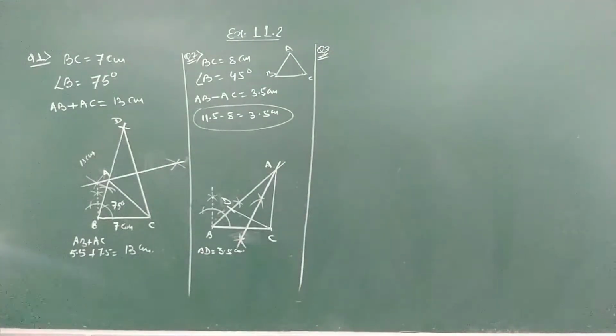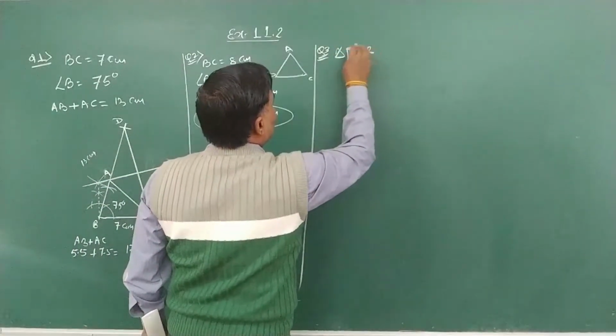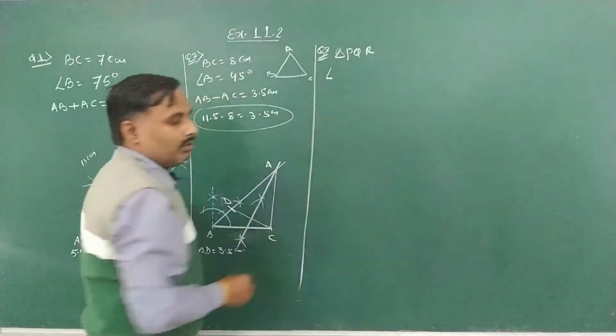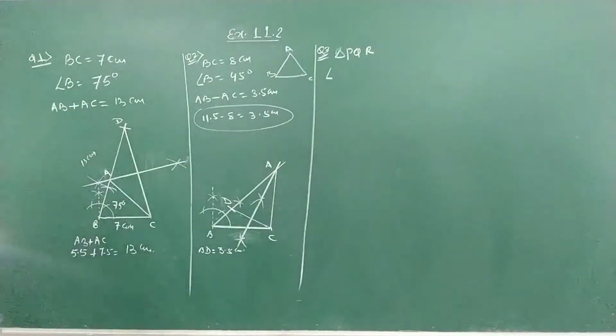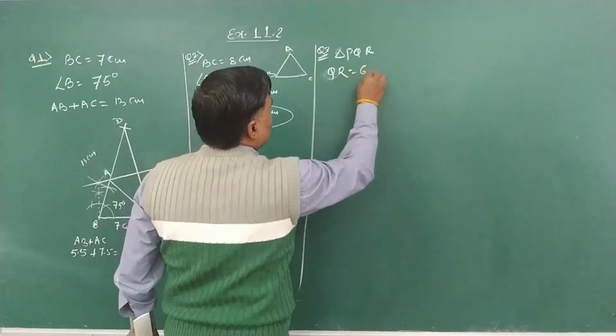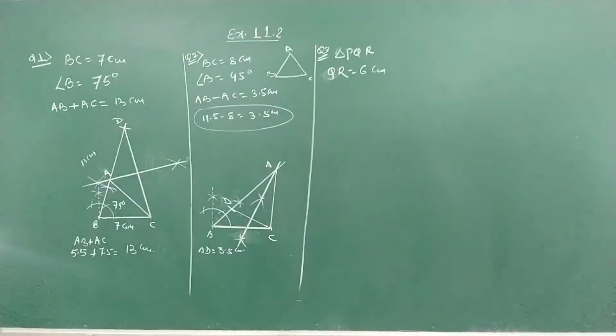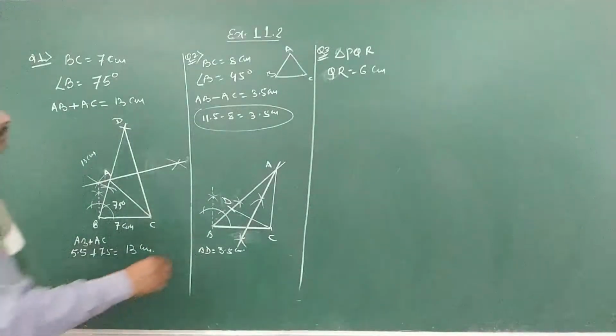Question number 3 is construct a triangle PQR where the base QR is equal to 6 centimeter and angle Q is 60 degree.